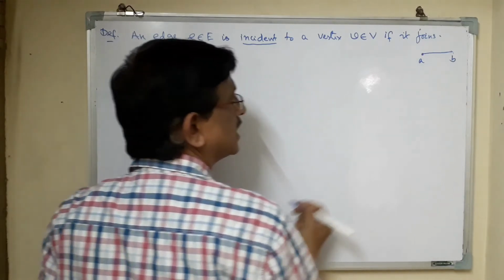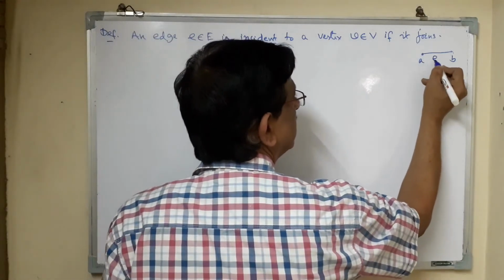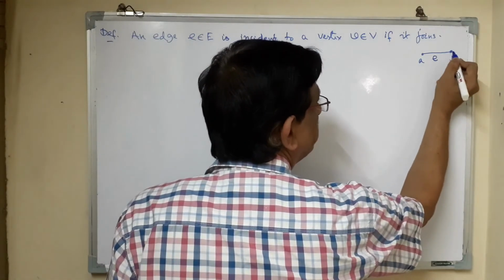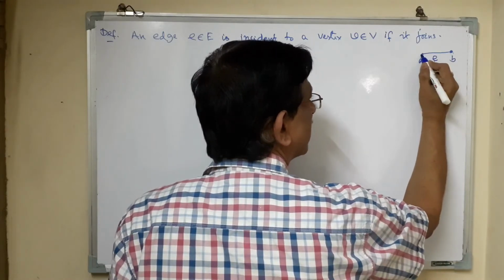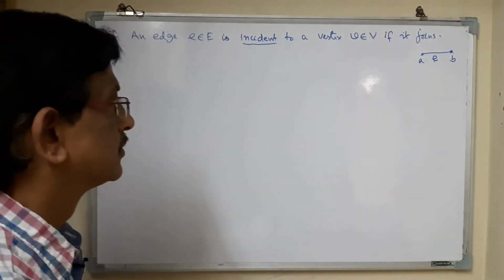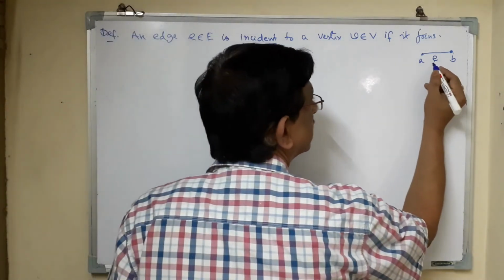Two vertices A and B. This is E. So E is incident with B as well as A. So it is incident with both the vertices. That's why E can be counted twice.